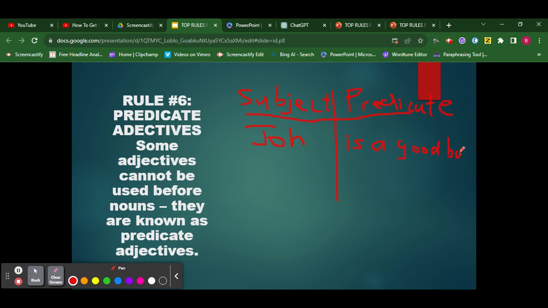John is a good boy. So this is a sentence, and John is the subject. Is a good boy is the predicate. These are the two traditional parts of a sentence. This is just to let you understand the meaning of predicate, okay? And that is exactly what it is.